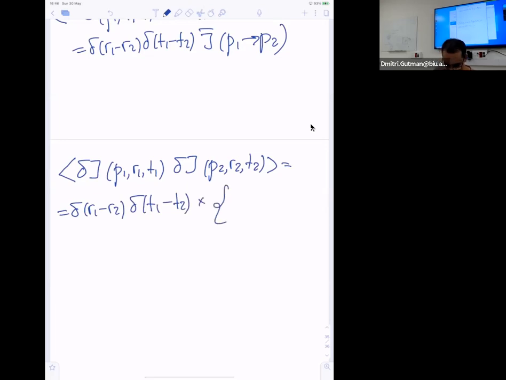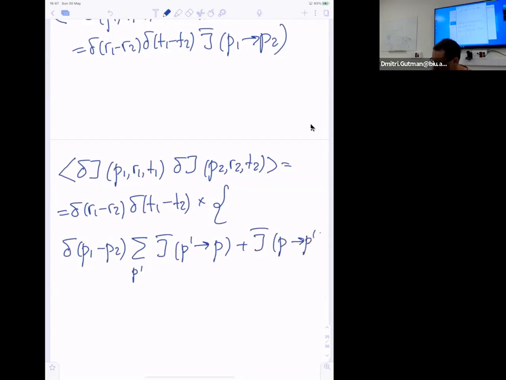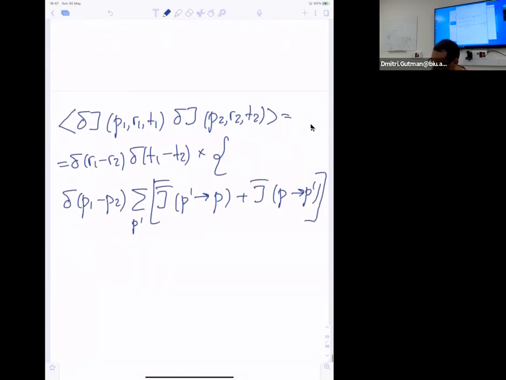And then there will be two terms that come with the plus sign, and they are equal to delta J P prime to P plus delta J P to P prime. So these are random fluxes that are either coming to or going to the state P from anywhere else, minus J bar between state P1 to P2 and minus J bar P2 to P1.